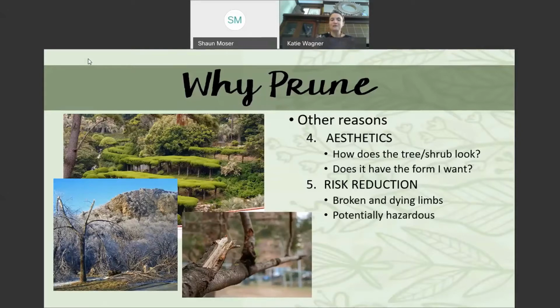So that's another reason why we're pruning, to get the scaffolds up off the ground, so that we can do whatever it is that we're trying to do underneath the tree. If you're able to go to the Jordan Valley Conservation Garden Park at some point in time, I encourage you to really look at how they have decided to do a lot of their pruning cuts on trees around the garden.